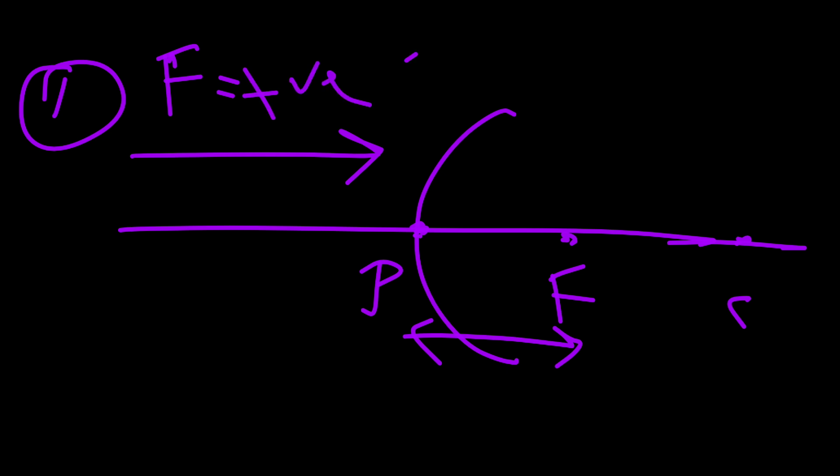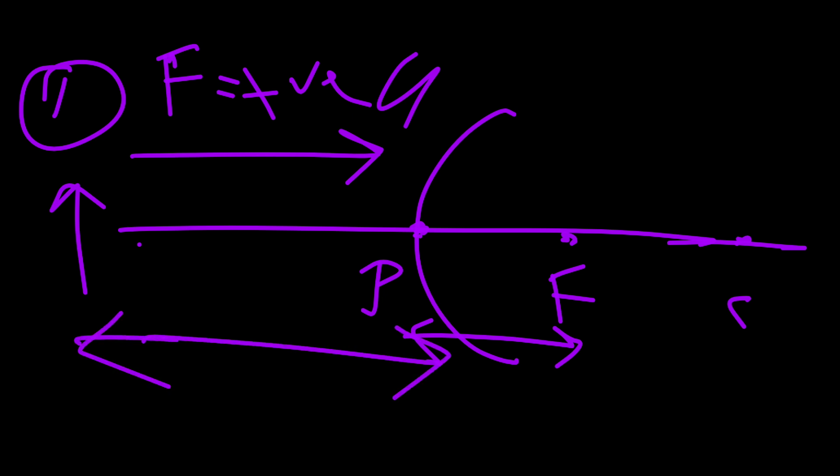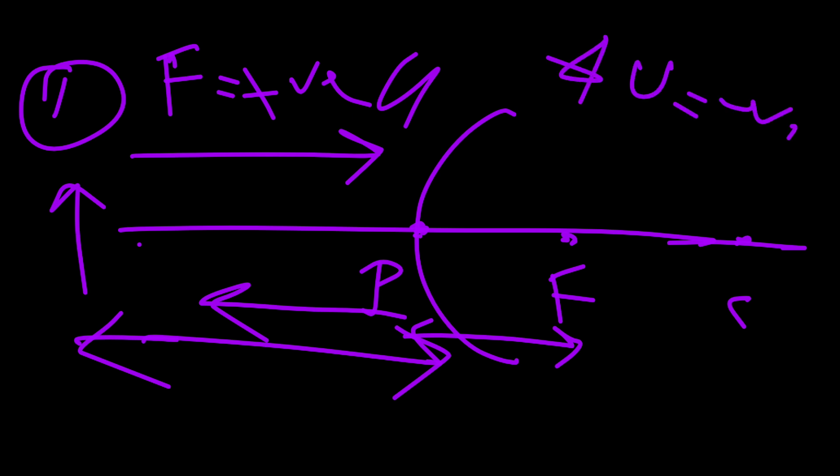So focus is always positive in a convex mirror, and focus is negative in a concave mirror. And let's say this is the object. If you measure the object distance opposite to the direction of the incident ray, u is always negative in both cases. No need to worry about it because u is always negative. u is nothing but the object distance.